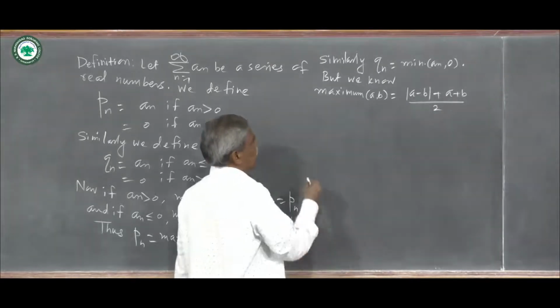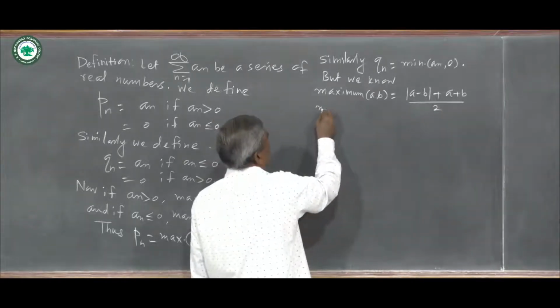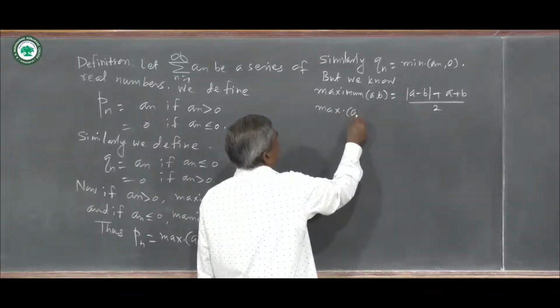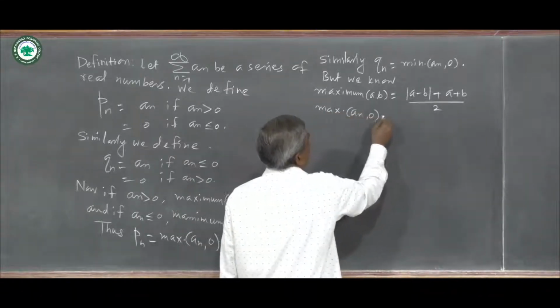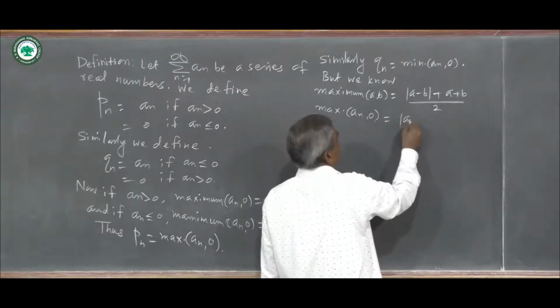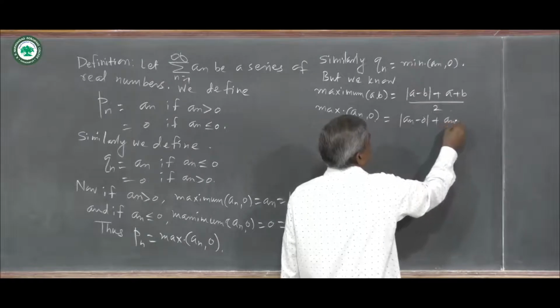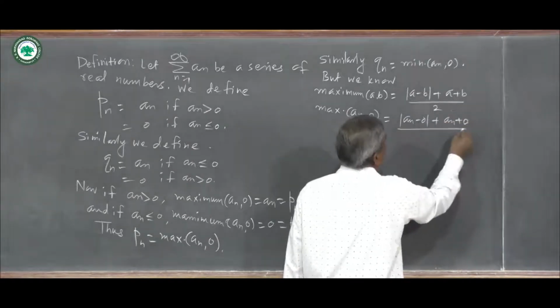Therefore, the maximum of a_n and 0 is equal to mod of a_n minus 0 plus a_n plus 0, upon 2.